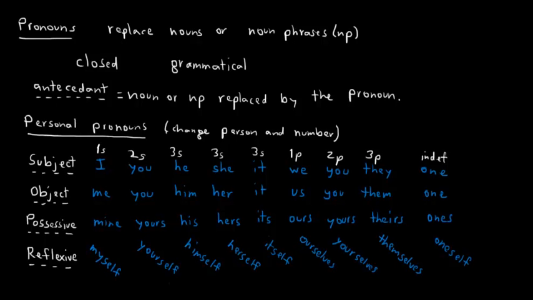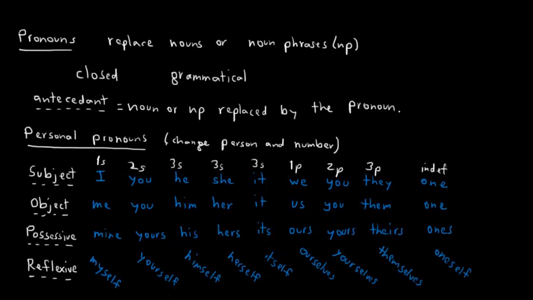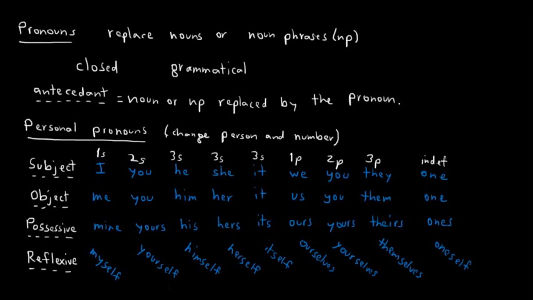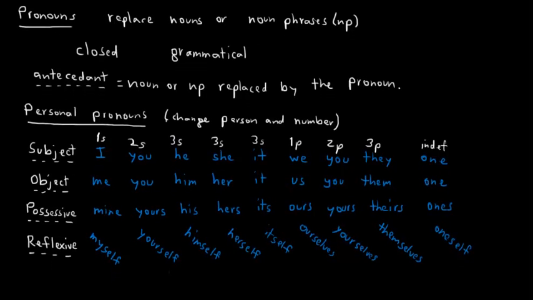Okay, in the first video on our pronoun overviews, we defined the pronouns and we defined the antecedent, the noun or noun phrase replaced by the pronoun, and we looked at the personal pronouns, those pronouns that change by person and number.